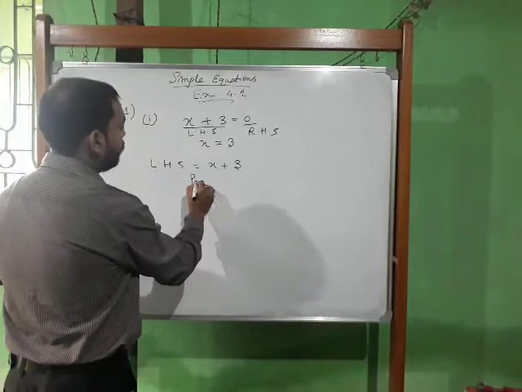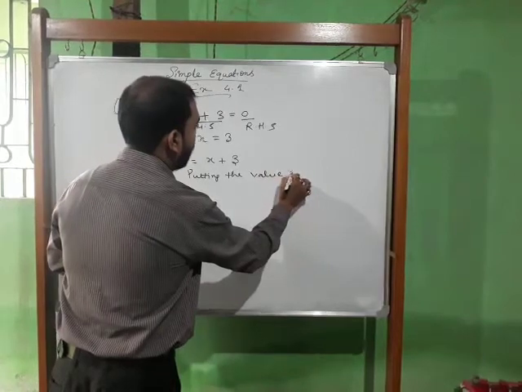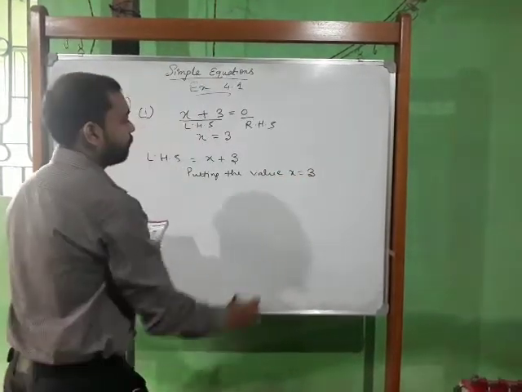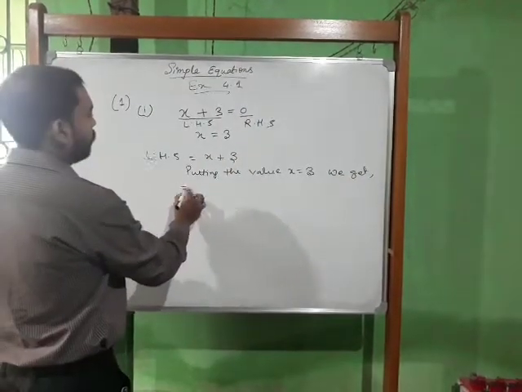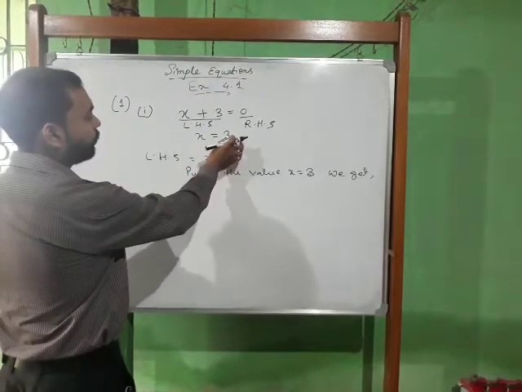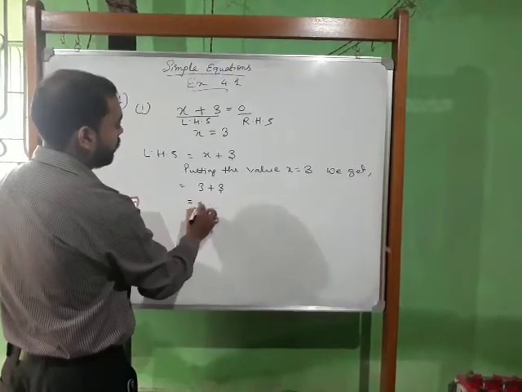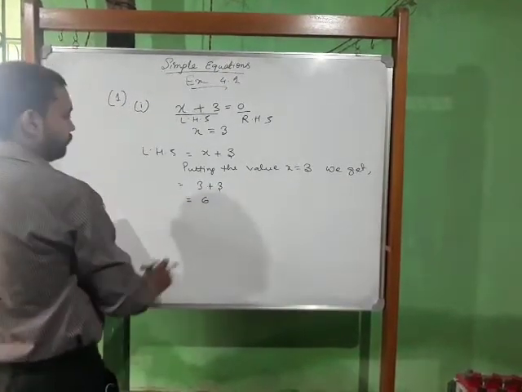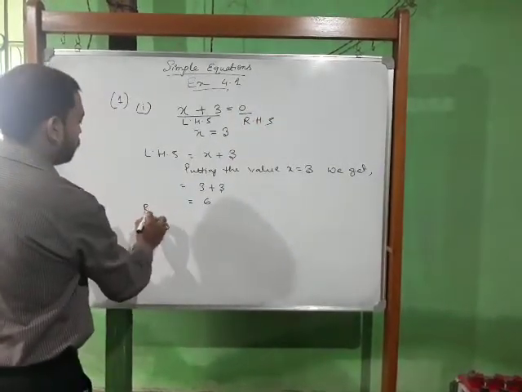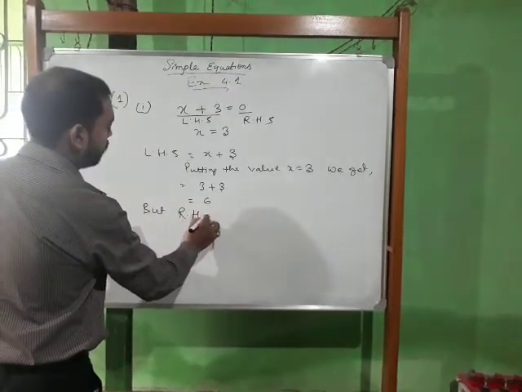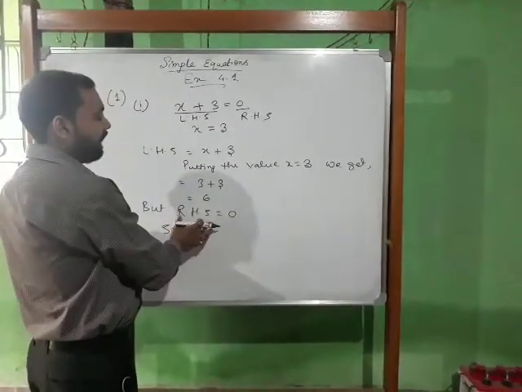Putting the value x equal to 3, we get, in place of x you just write 3 because x is equal to 3. So 3 plus 3, it is 6. Now you see, this is 6, but the right hand side is 0.